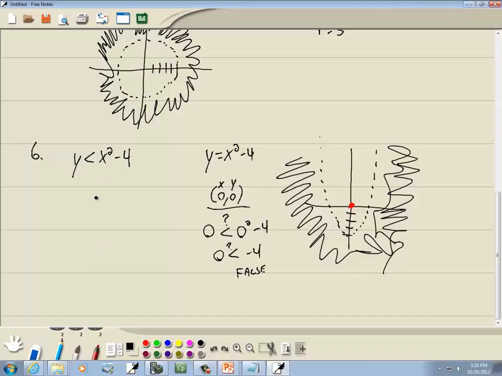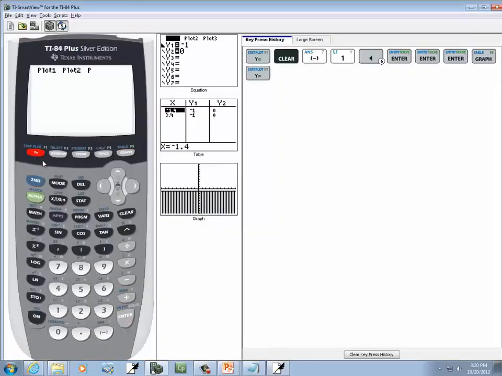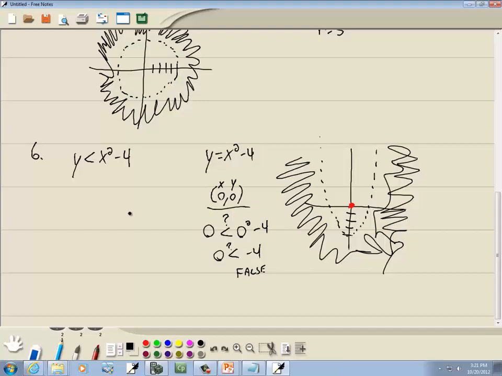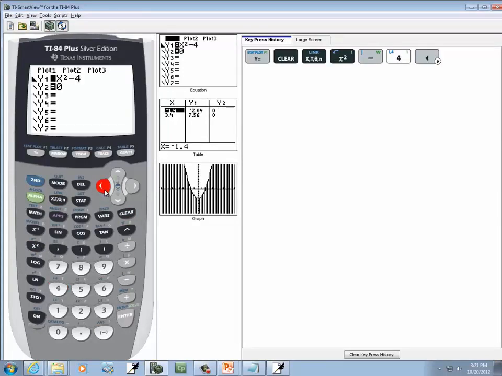Well, let's actually graph this and see what we get. I press Y equals, press clear. We got x squared minus 4, so I do x squared minus 4. And I'm going to press my left arrow key to put a cursor over there.